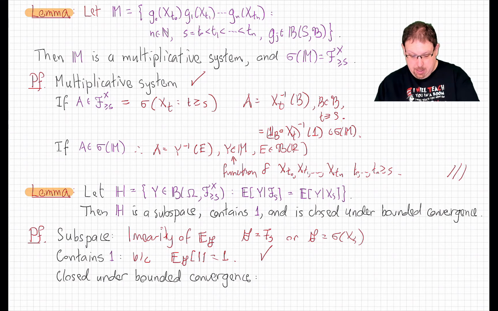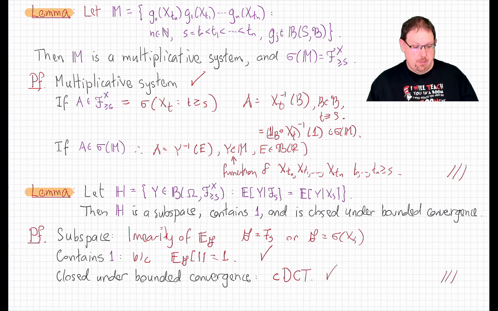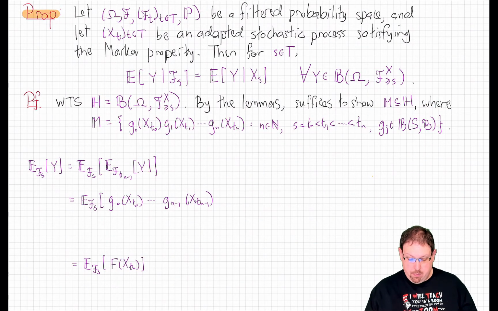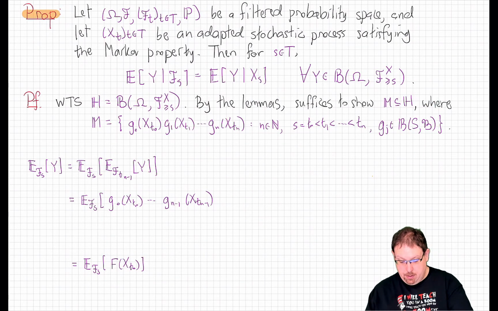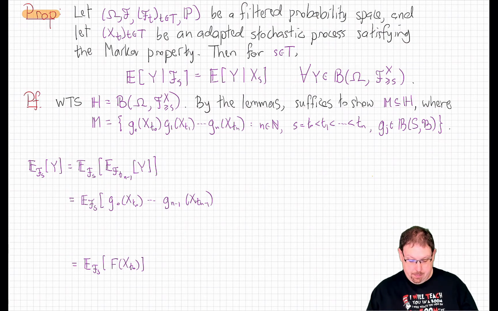Well, with conditioning there, it's still an immediate application of the conditional dominated convergence theorem. And that concludes the proof of this lemma. So that sets us up nicely to prove the proposition, which I've restated here. Given a process with the Markov property, if I take any future measurable random variable and condition it on the past, that's the same as conditioning it on the present.